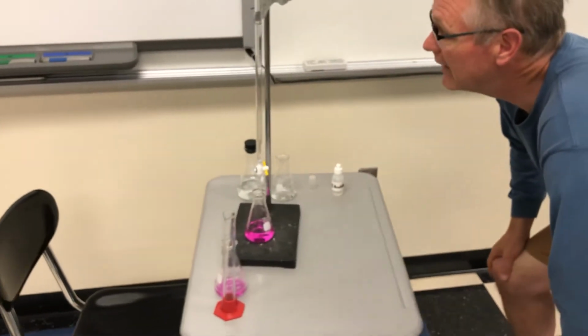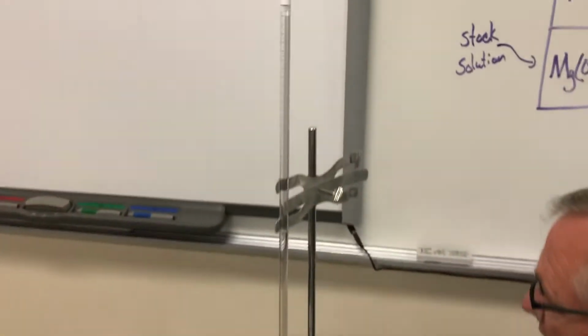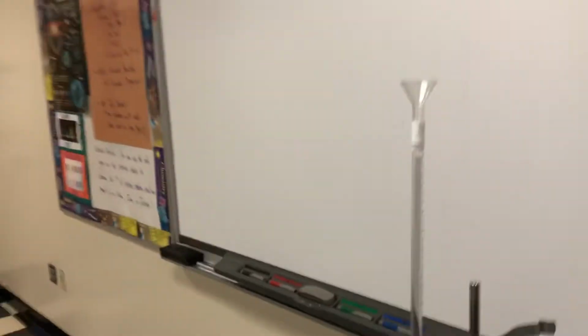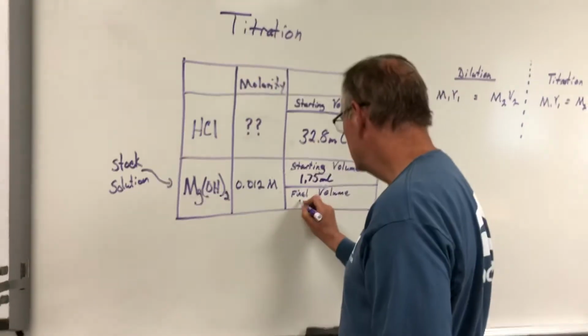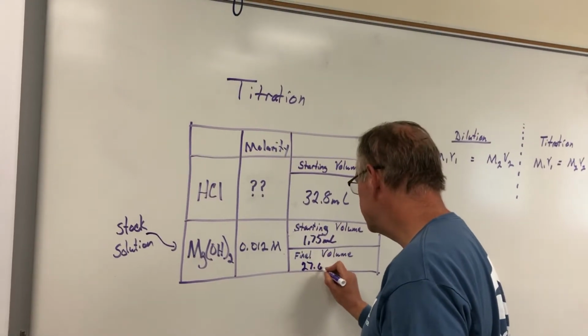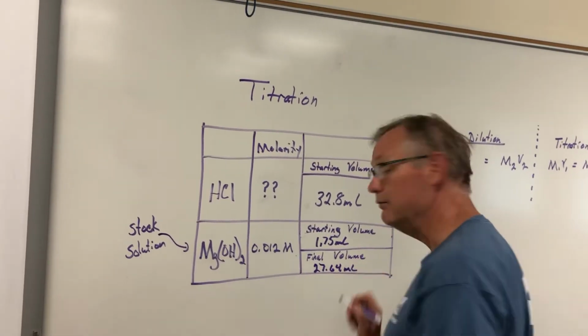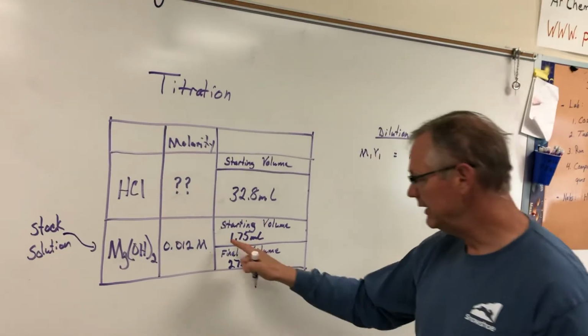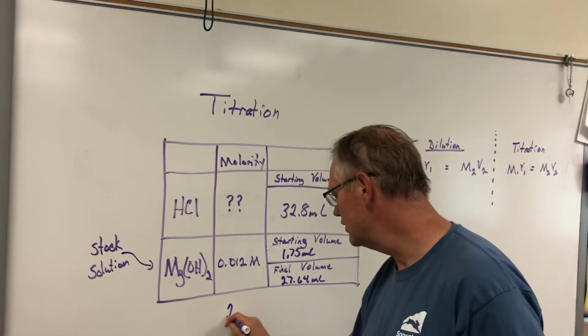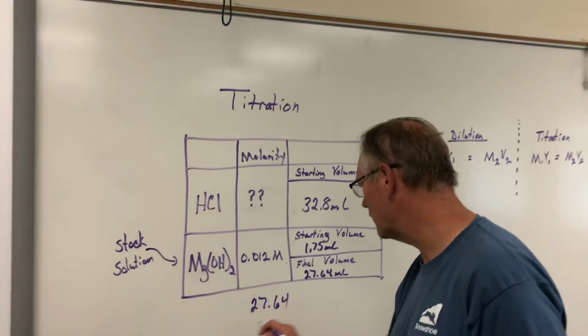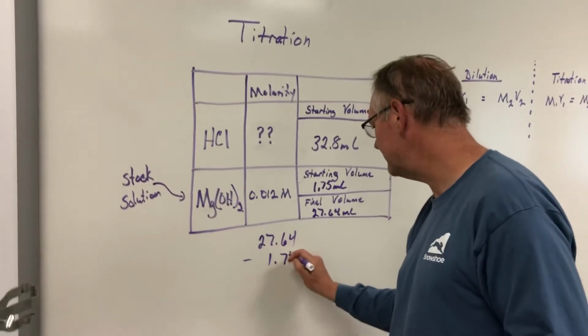So I'm gonna measure my final, which is 27.64. So down here, I'm gonna put 27.64 milliliters. So by knowing how much I started with and what I ended up with, I can simply say 27.64 minus 1.75.